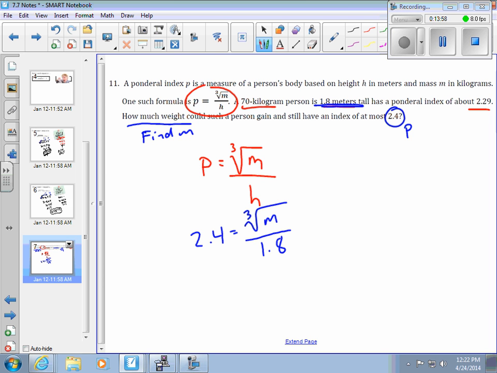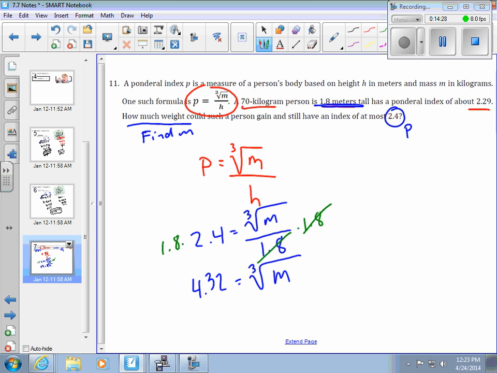Well, let's solve. We want to get M by itself. How do we get M by itself? Well, looking here, it's being divided by 1.8. We would have to multiply by 1.8. Undo it. So if we do a little multiplication there, you're going to get 4.32. All right. So now we're close to getting M by itself, but we got that cubed root on there. How do we get rid of a cubed root?